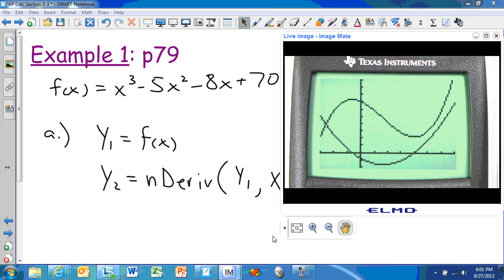All right, take a look at part B. It says for part B, f is a cubic function. Definitely you knew that from the equation they gave us, and the sketch even verified that. What type of function does f prime appear to be? Well, that's interesting because we started with a cubic function, and it appears like the derivative function turned out to be a quadratic function, a second-degree polynomial.